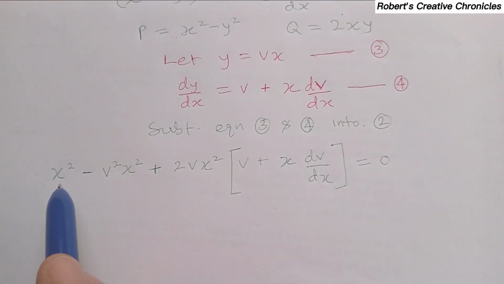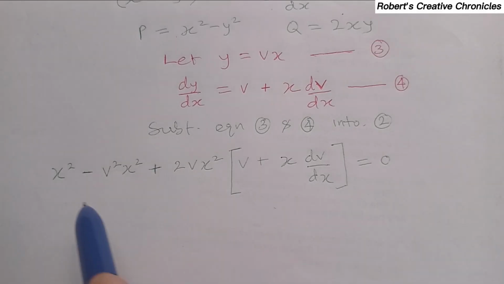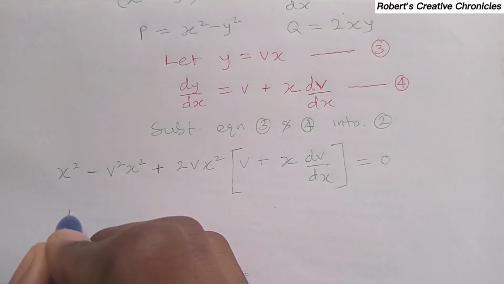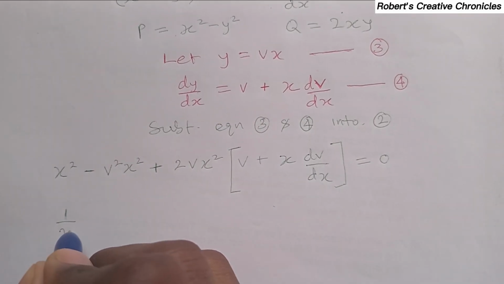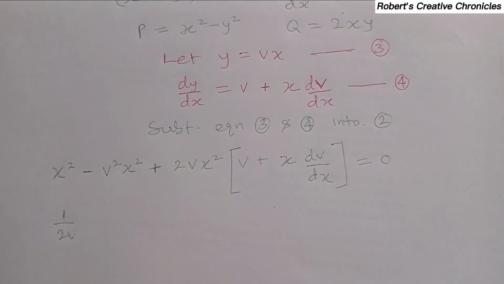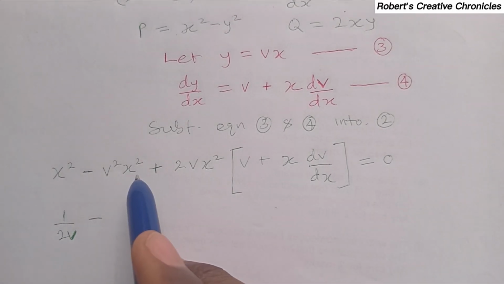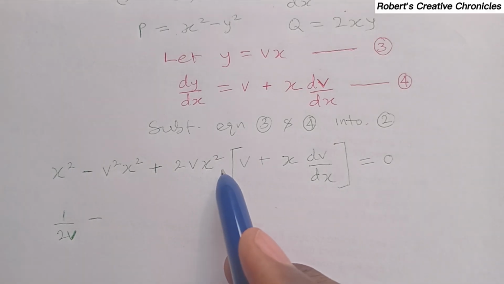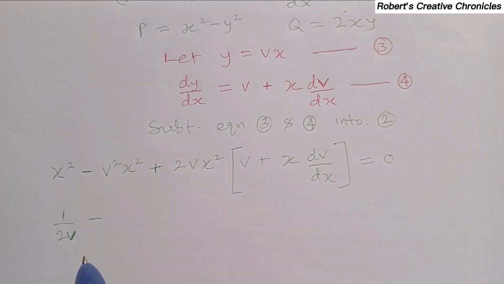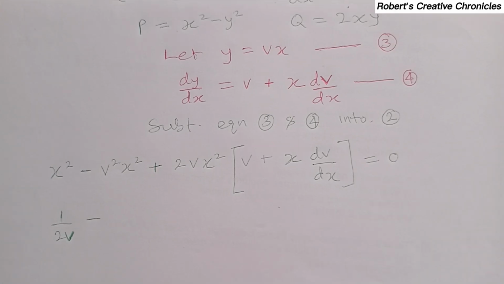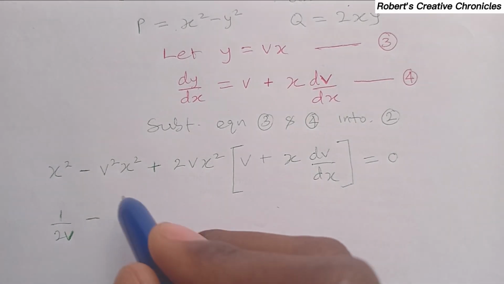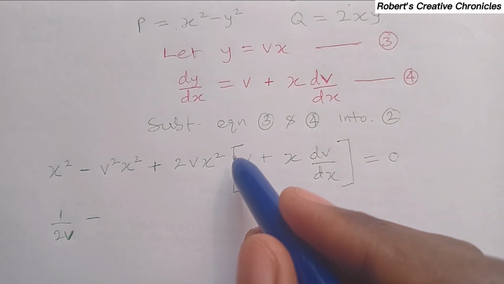If we divide x squared by 2vx squared, we will get 1 over 2v. So here becomes 1 over 2v minus v squared x squared divided by 2vx squared, which is what? Then v squared x squared over 2vx squared is what?